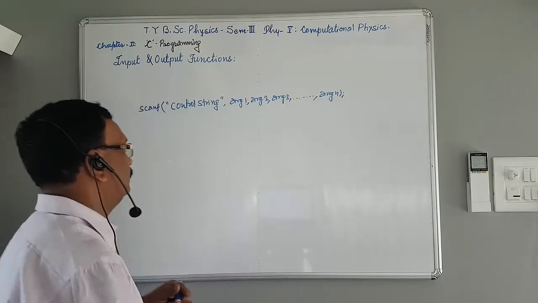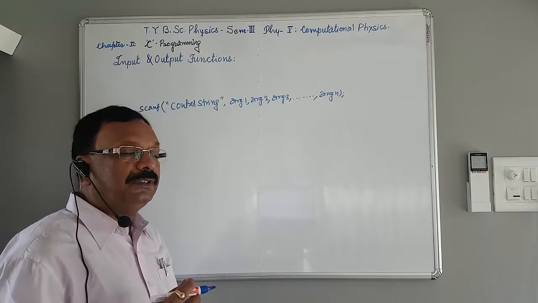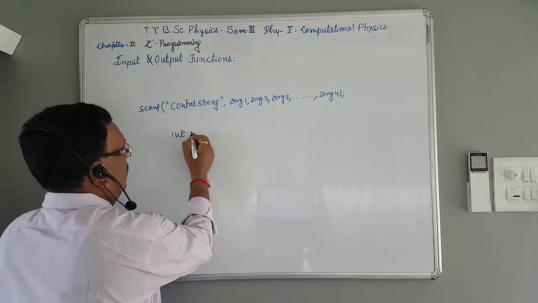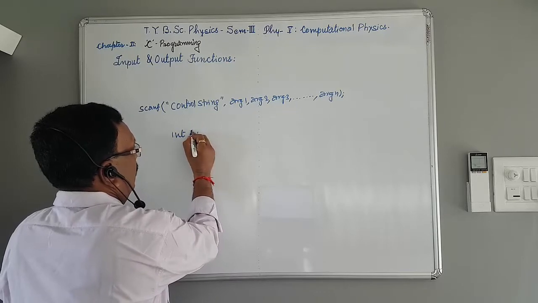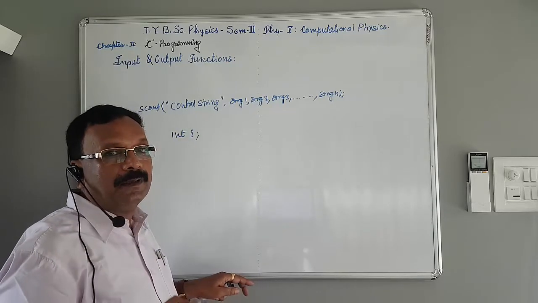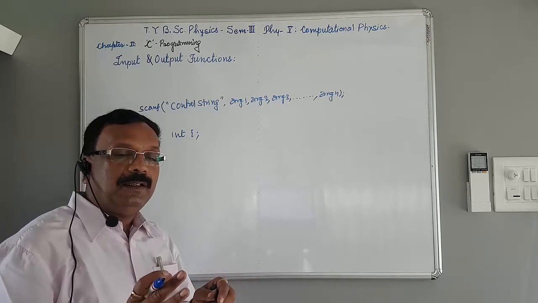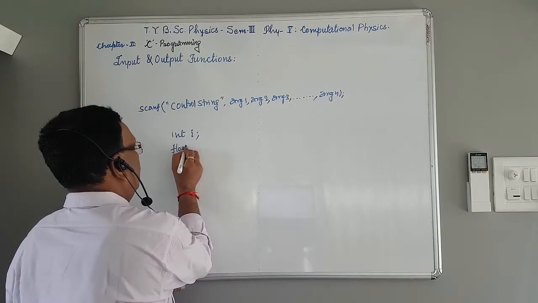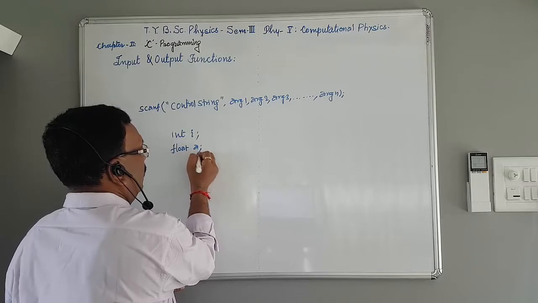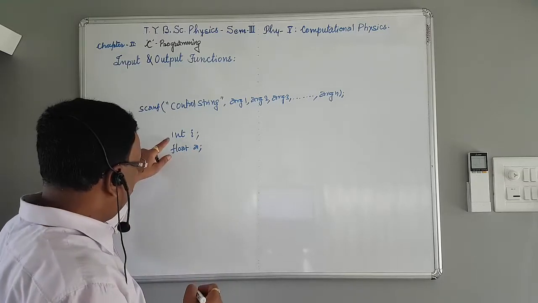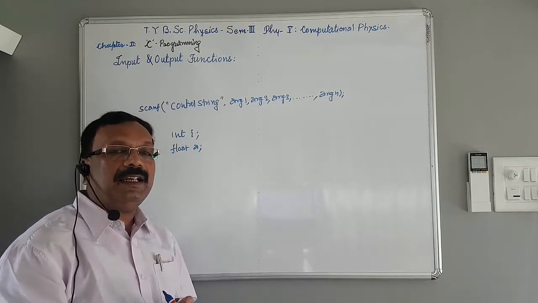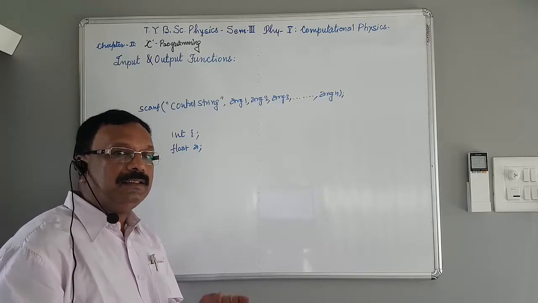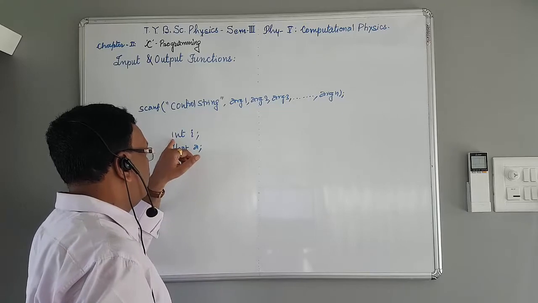For example, if we want to supply integer data, then int i. If we supply a real number to the computer, then float a. Where int and float are the data types. What type of data is there is told to the compiler by this keyword.